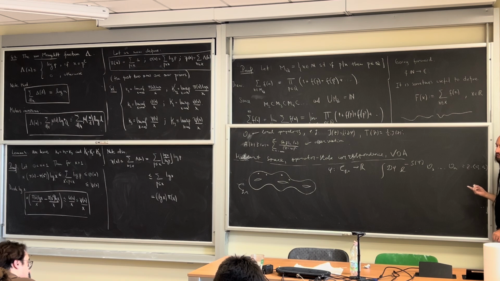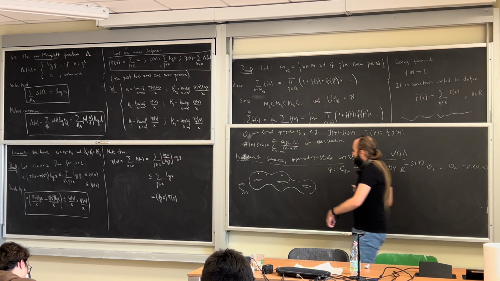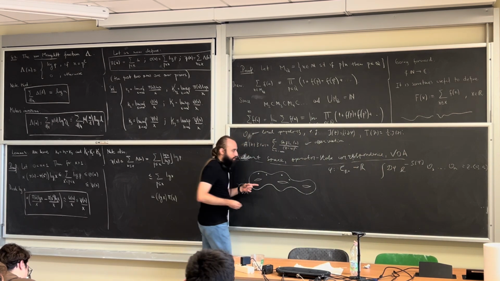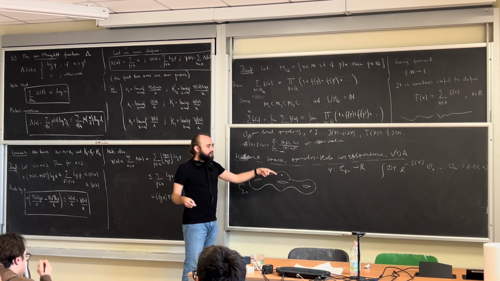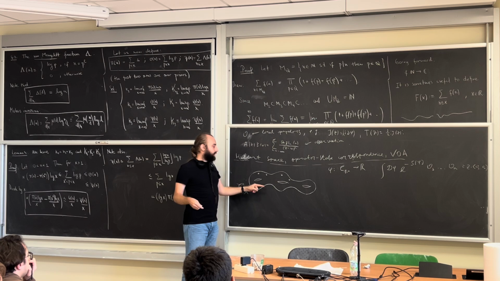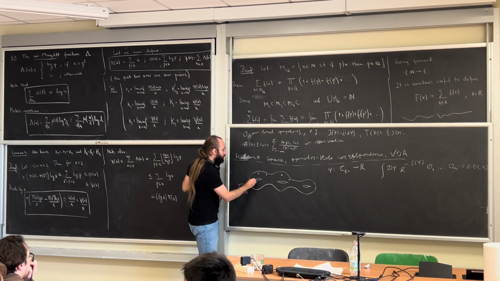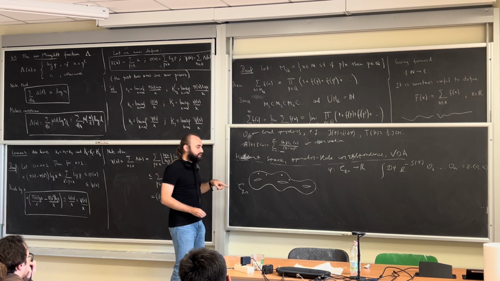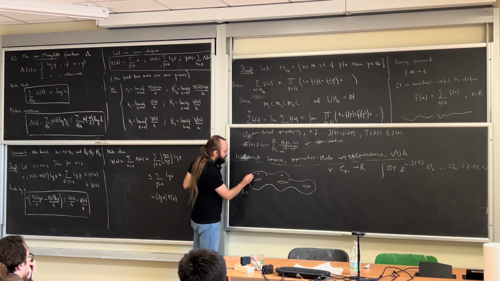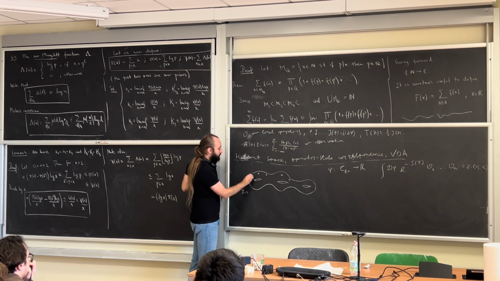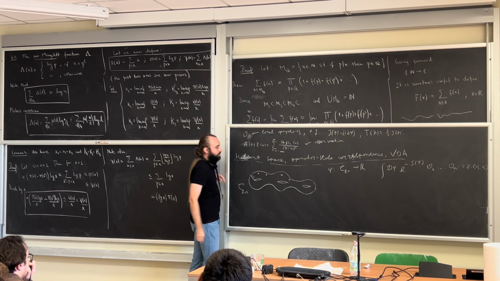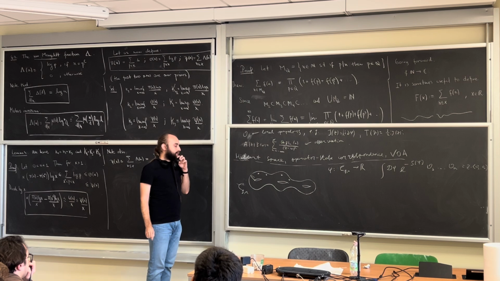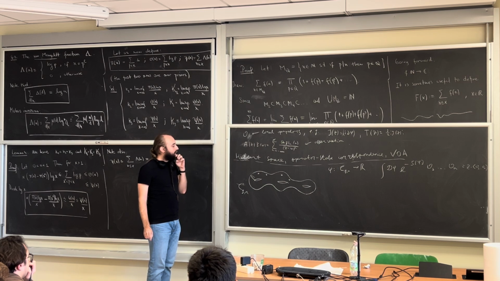But now let us imagine that we do not just integrate over this bosonic field at any point of this Riemann surface, but we cut it with some lines. Maybe let me draw some simpler example.